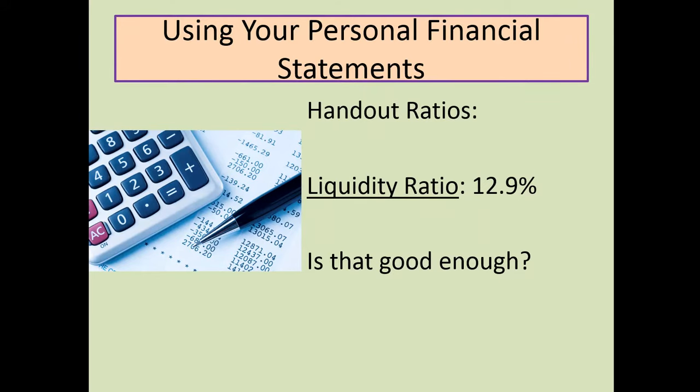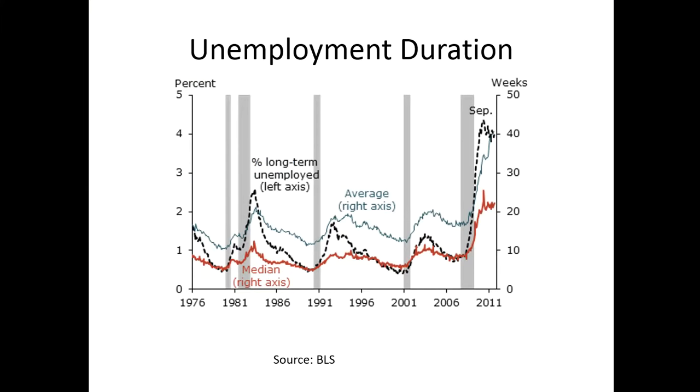And so if we look at some measures of unemployment, this is from the Bureau of Labor Statistics from 1976. That's quite old. So let's look over here to 2006 to 2011. I want you to look at this bluish line here and this red line here. What these lines are plotting is the average weeks of unemployment and the median weeks of unemployment when somebody becomes unemployed around these years.